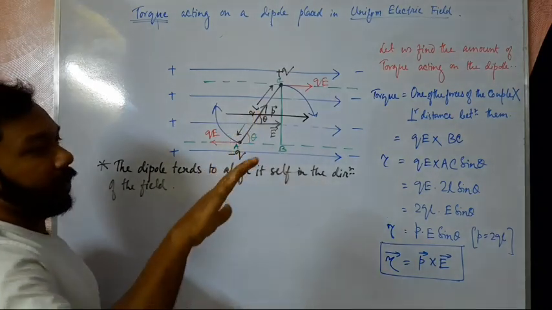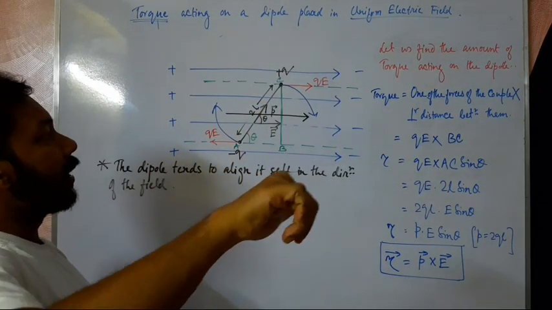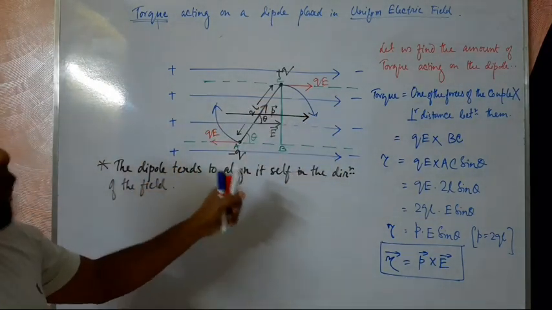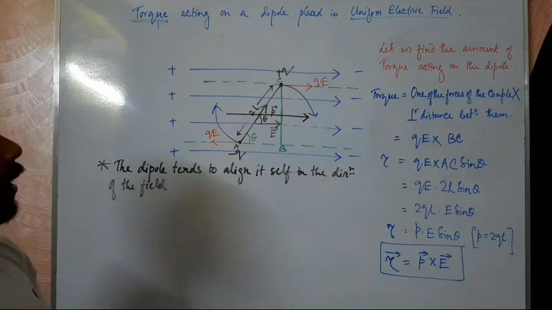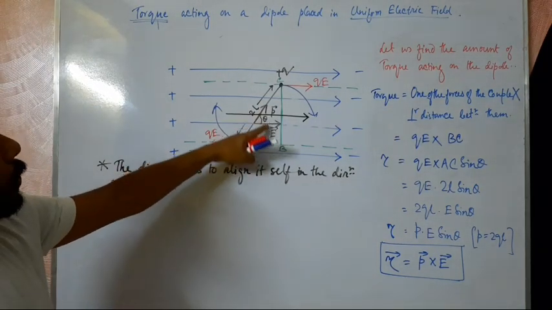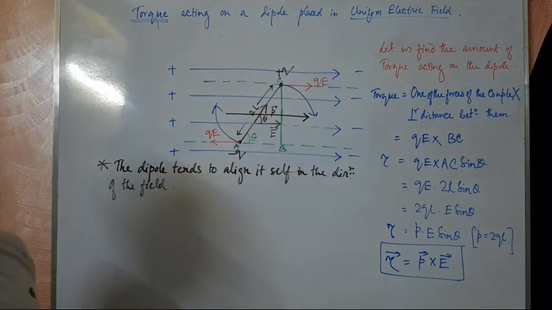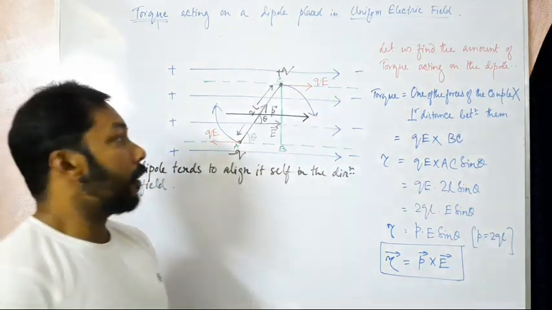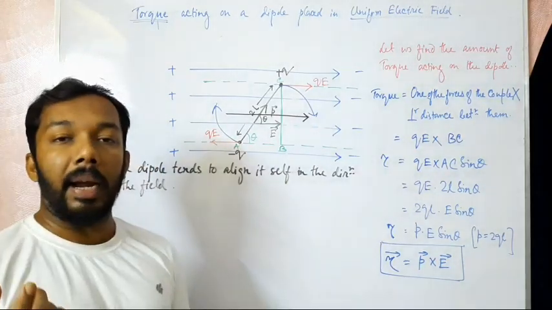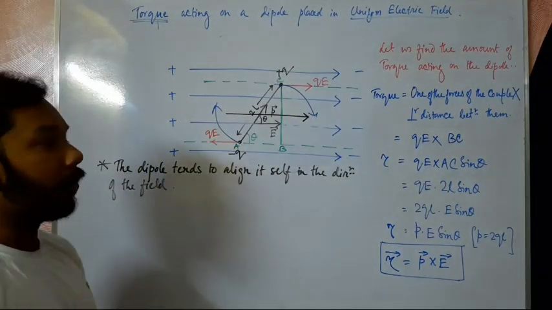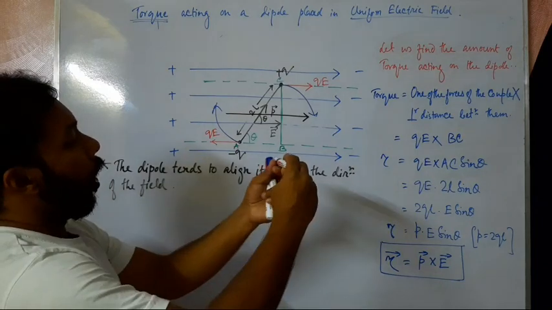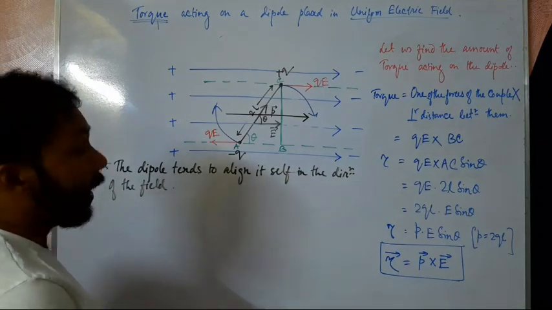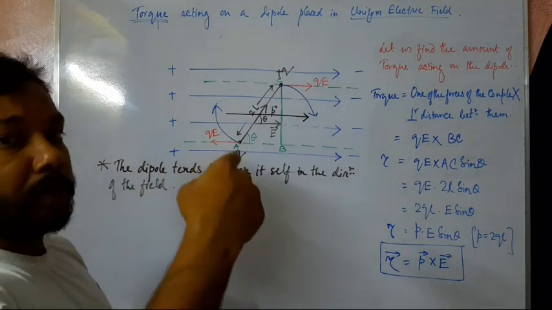As the dipole is rotating in a clockwise direction, we will curl our fingers in the clockwise direction, and the thumb will indicate the direction of the torque, and that will be pointing into the board in this case. This direction can also be found by the cross product of P and E. The direction of the product vector can be found by using Maxwell's right-hand corkscrew rule, or thumb rule, which says that if we rotate a screw from P to E, that means in the clockwise direction, then the direction of the product vector will be in the direction of the advancement of the screw.